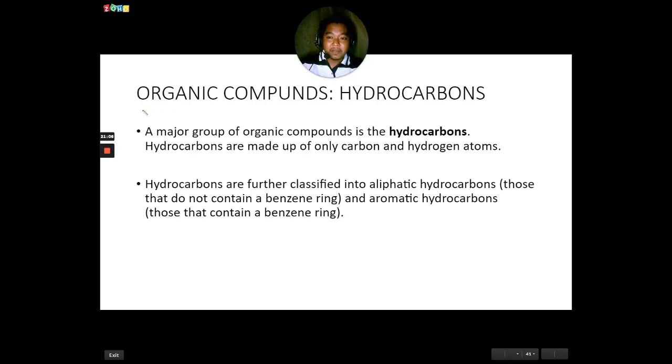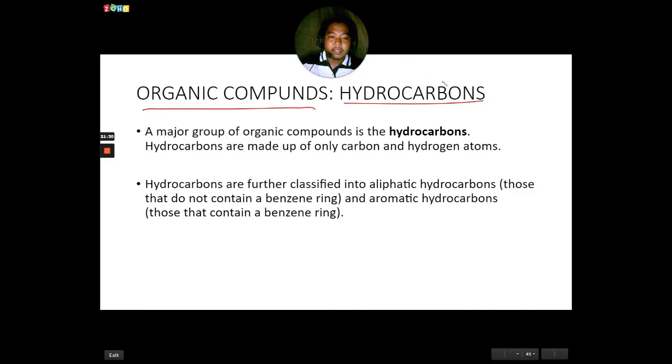Again, organic compounds are compounds which are made up of carbon. So, technically, when there is carbon, it is automatically an organic compound. And then, the very basic organic compounds are the hydrocarbons. By the name itself, it is very easy to remember.